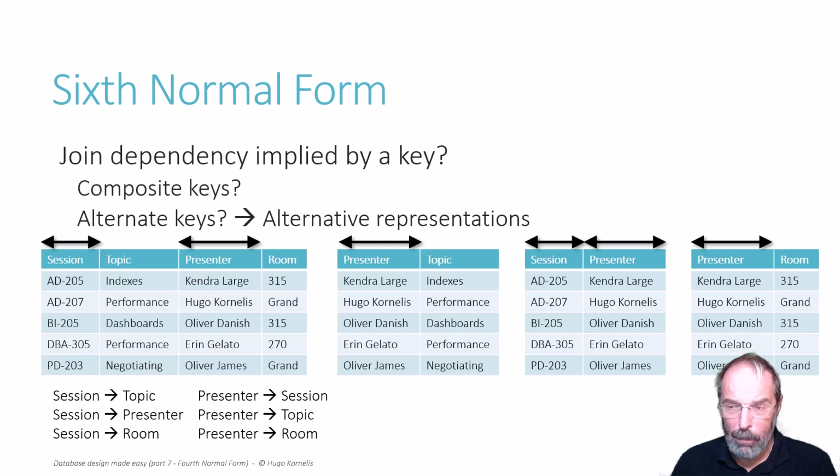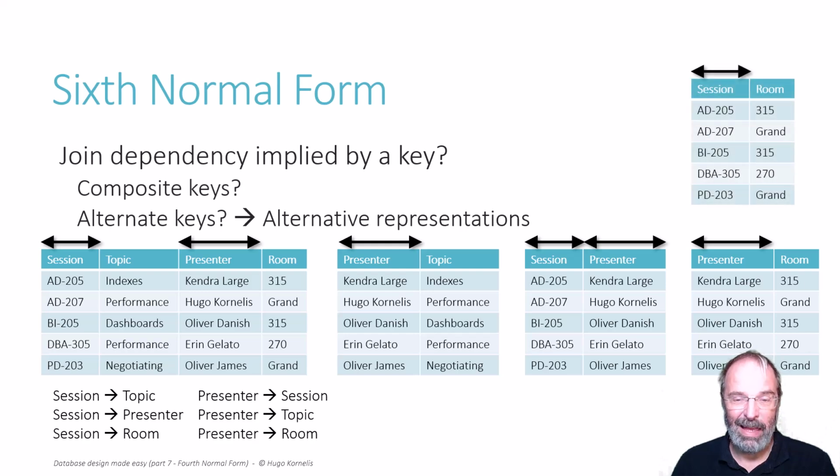However, what I must not do is do both. So if I am tempted to represent both presenter determines room and session determines room in this universe of discourse where there is a one-on-one relationship between presenter and session, then I introduce a problem.